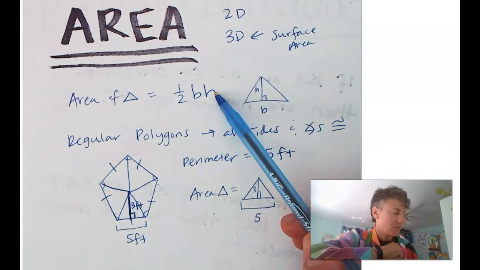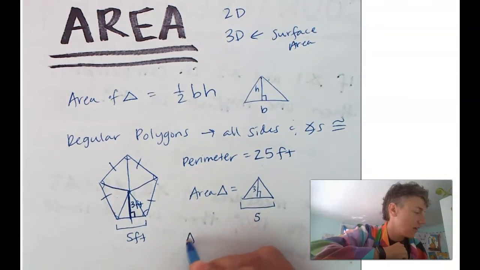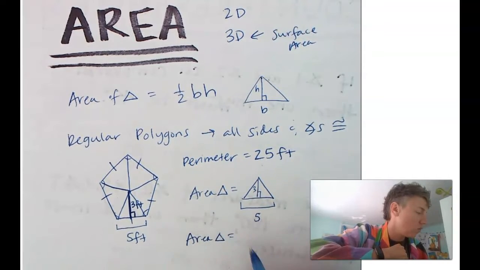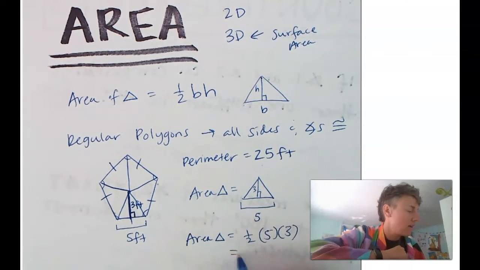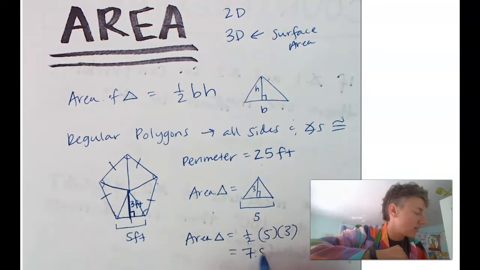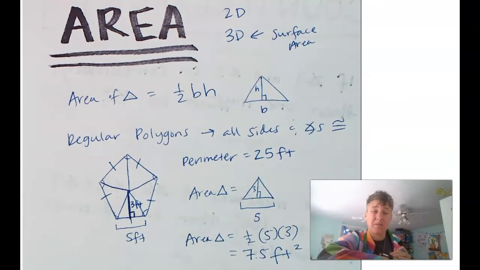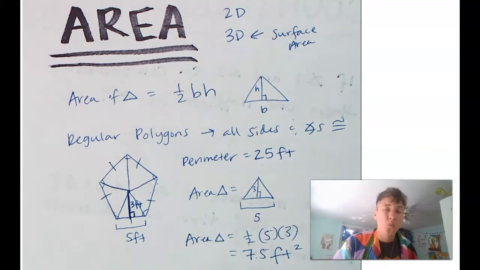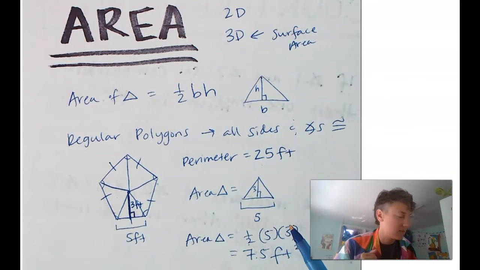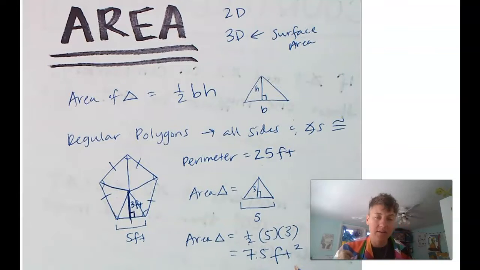Area is 1/2 base times height. So we could say the area of this triangle is 1/2, the base is 5, the height is 3. That's 1/2 of 15, which is 7.5 feet squared, because we're talking about area. So one of these triangles has an area of 7.5 square feet.